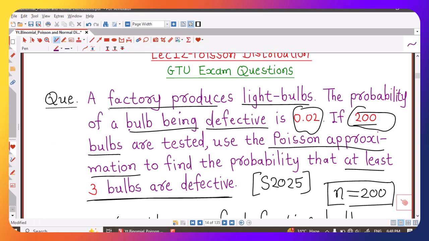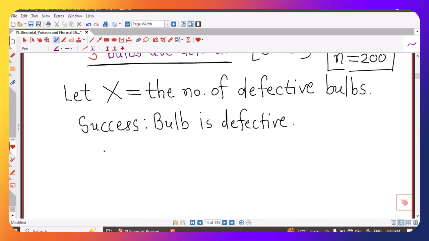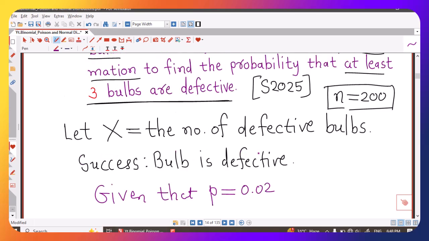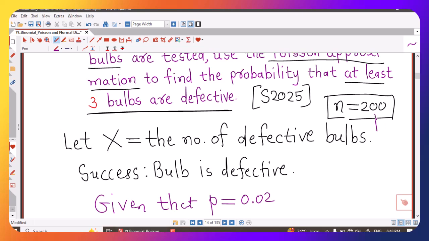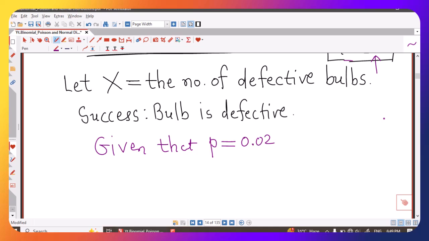That means probability of success is 0.02, and this remains constant for every bulb. And these trials are independent, that is the defectiveness of one bulb is independent of the remaining bulbs. So all the conditions of binomial distribution are satisfied.